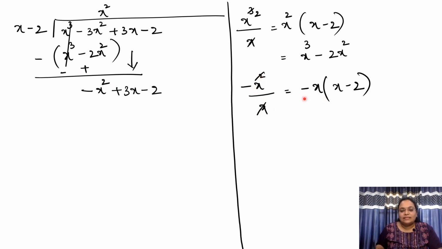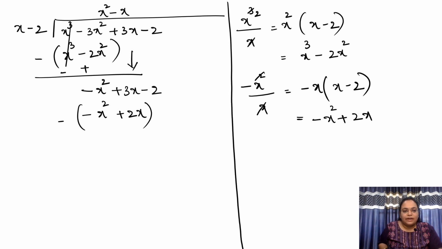When you cancel, you will get -x and then multiply it with x - 2, the normal steps which we do for polynomials. I will take -x here, and if you multiply, -x² + 2x. So write the terms here, -x² + 2x.